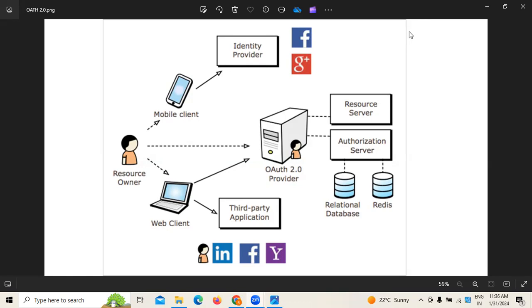Now, at the implementation level of microservices projects, what steps are to be taken into consideration is what we need to know first.